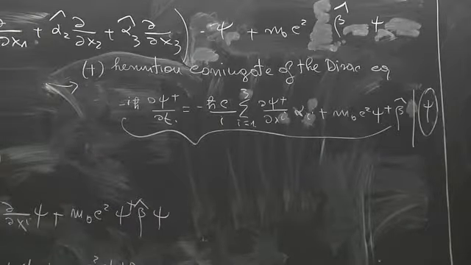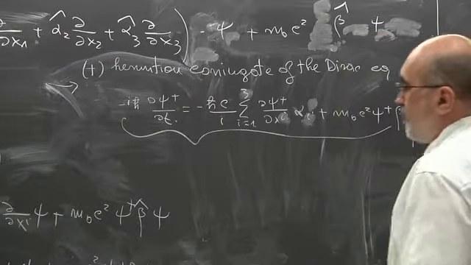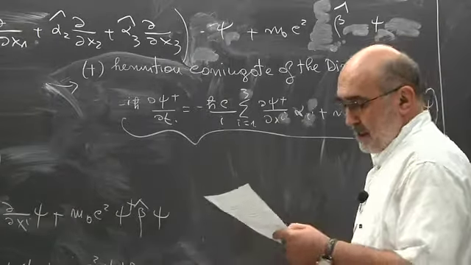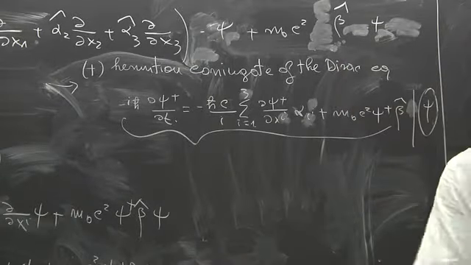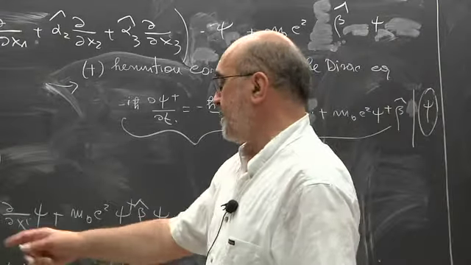Now let's subtract. So I have these two equations. Now let's subtract the second one from the first one. If we do so, we get the following things. Remember, alpha and alpha are the same.